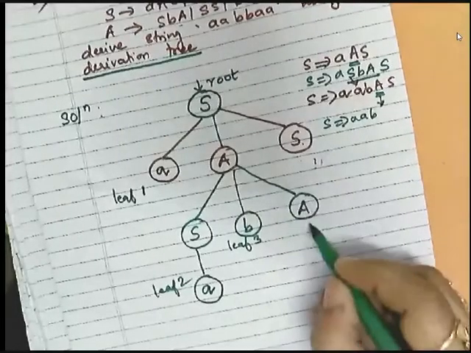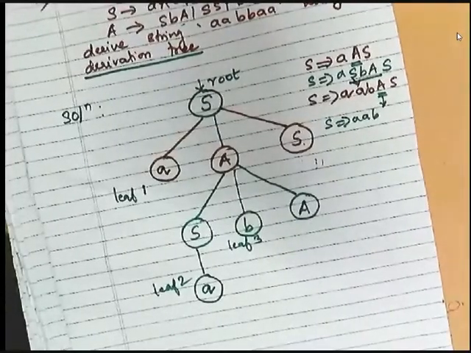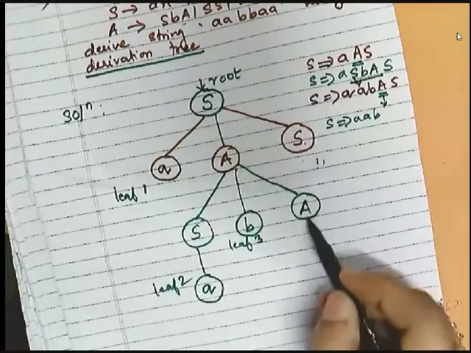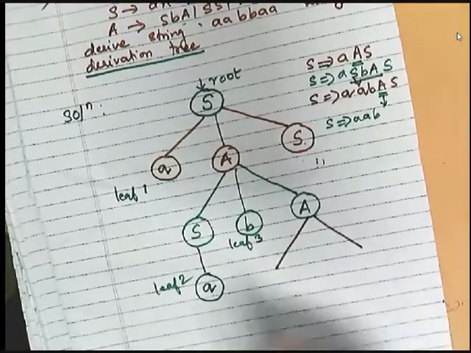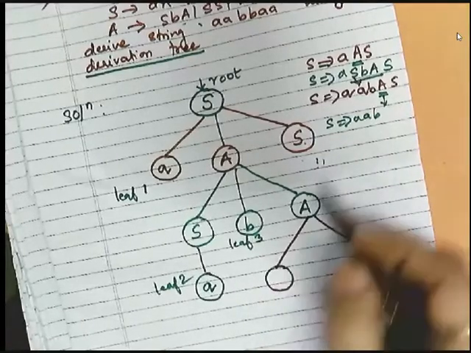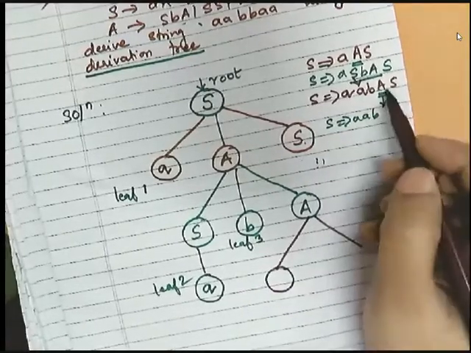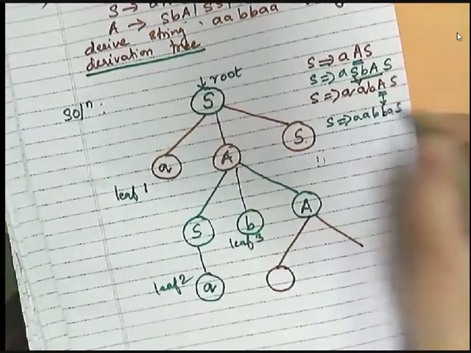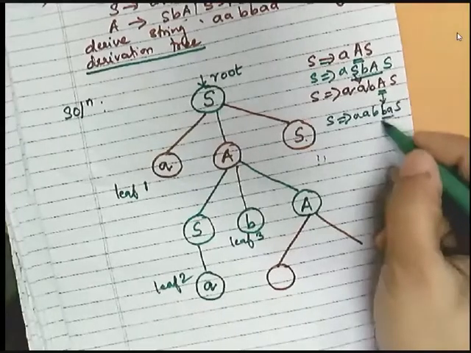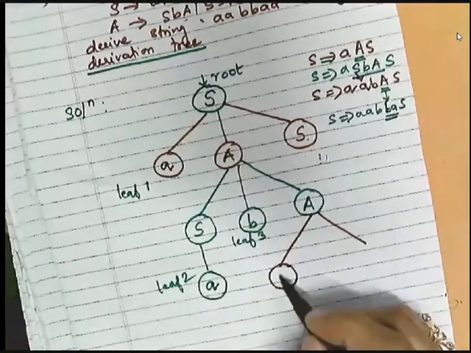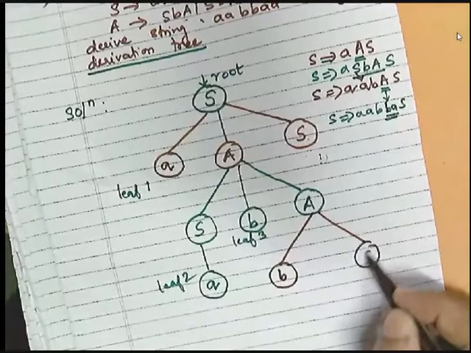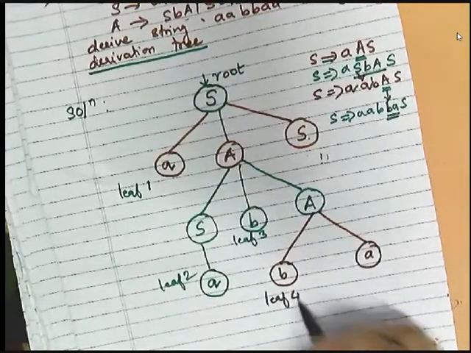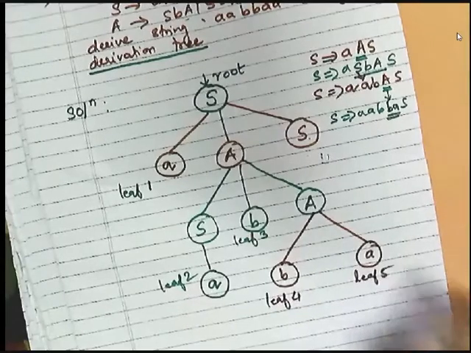So here in the next label, we will be having 2 generations. Well, the first generation is what? It will be A. For A, we are replacing it with BA and then S, right? So we have replaced this A with the BA. So it will be B and it will be A. Now, as soon as we got this, this is our leaf 4 and this is our leaf 5, right?